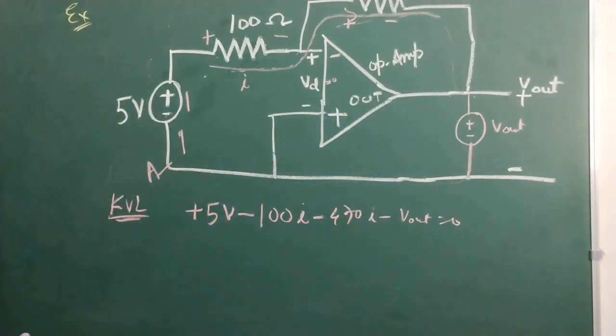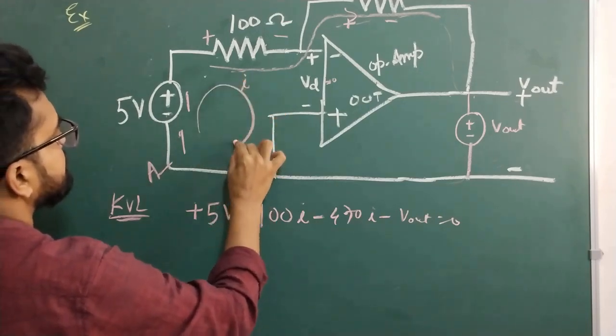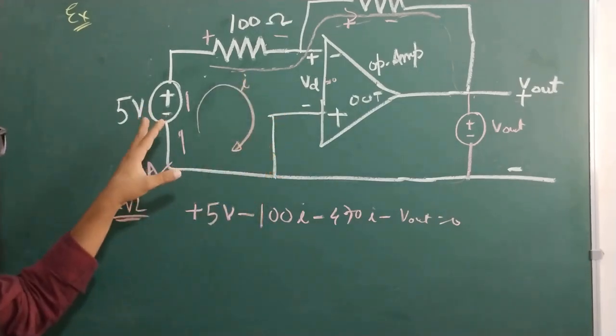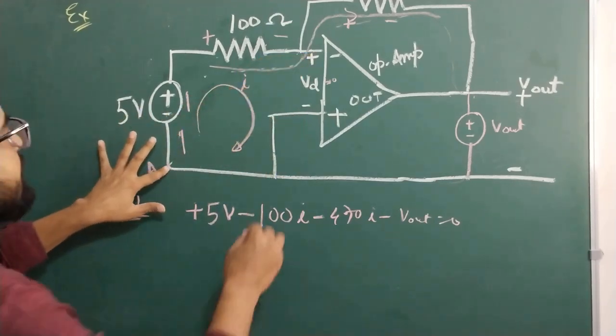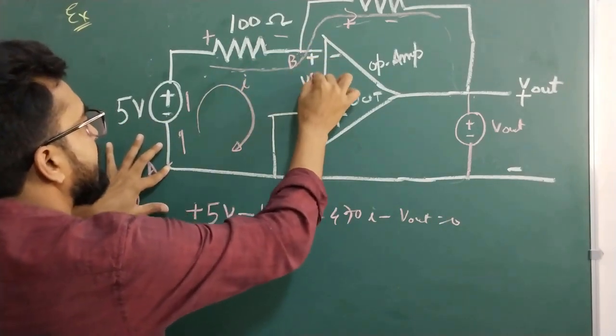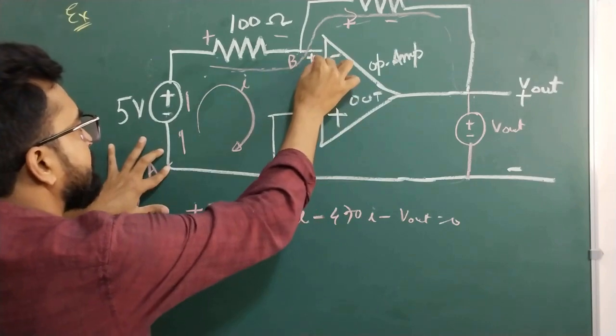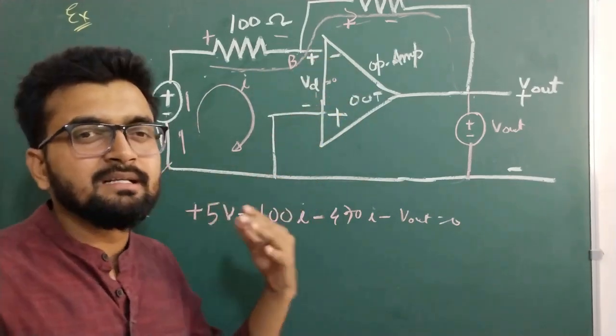Now another equation we can apply is here. The current would be the same and there is no current passing through this. If we start from this point, say B, and come back this way through plus to minus, it forms another loop.